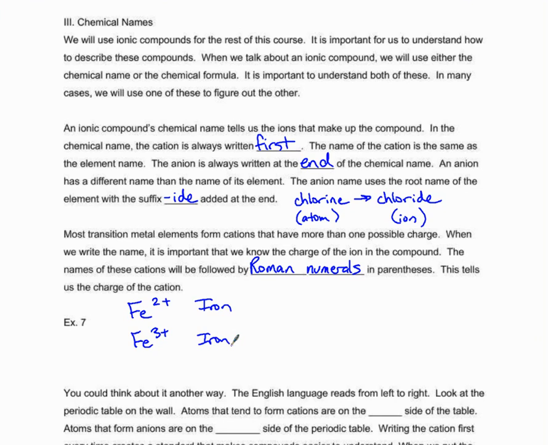We have to follow the charge in Roman numerals. So for this Fe2+, this is iron(II). And for the Fe3+, this is iron(III). And so this indicates the charge of the iron. It tells me which ion I have. It's going to be important.